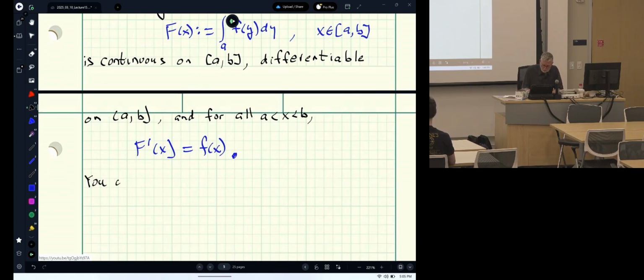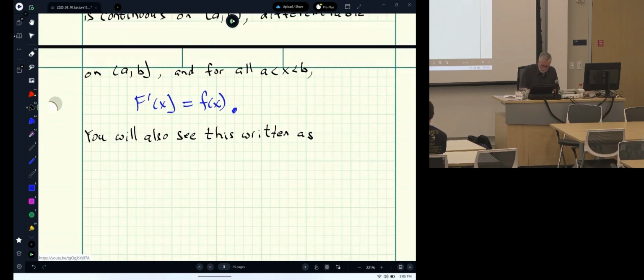And then you will also see this written as, I'm going to emphasize this, the derivative d by dx of the integral from a to x of f of y dy equals f of x.